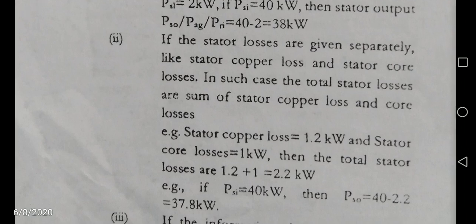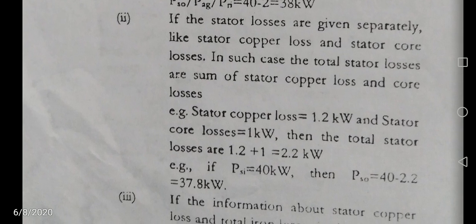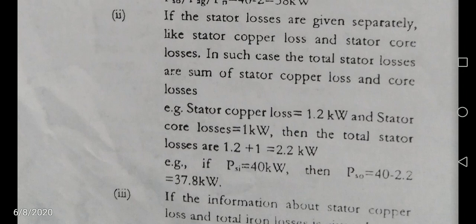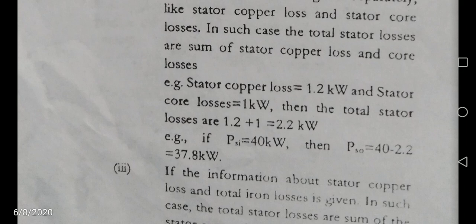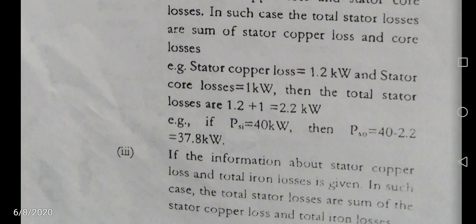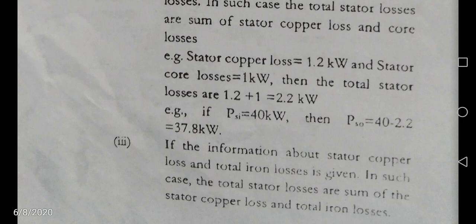If the stator losses are given separately, like stator copper losses and stator core losses, in such a case the total stator losses are the sum of stator copper losses and core losses. So stator copper losses are here 1.2 kilowatt and stator core losses are 1 kilowatt. Then total stator losses equal 1.2 plus 1, that is 2.2 kilowatt.